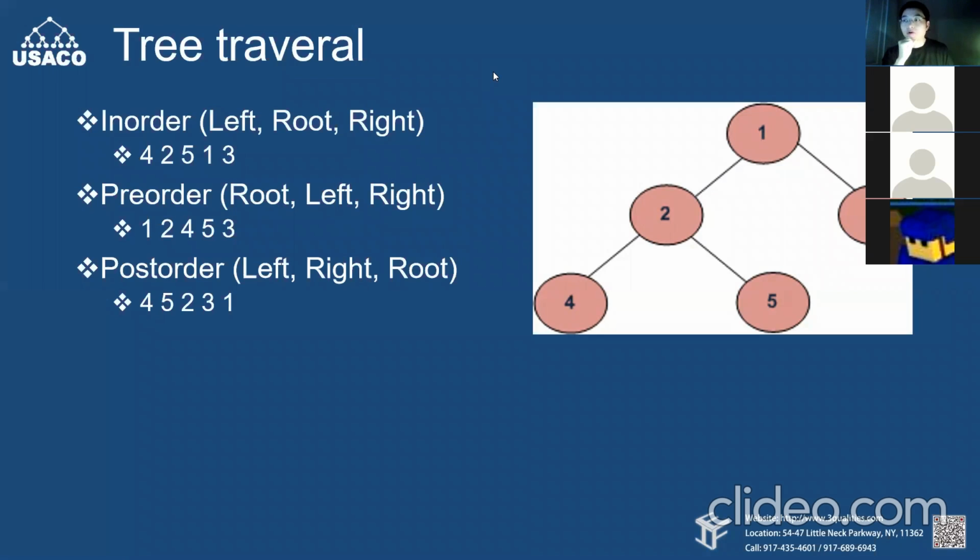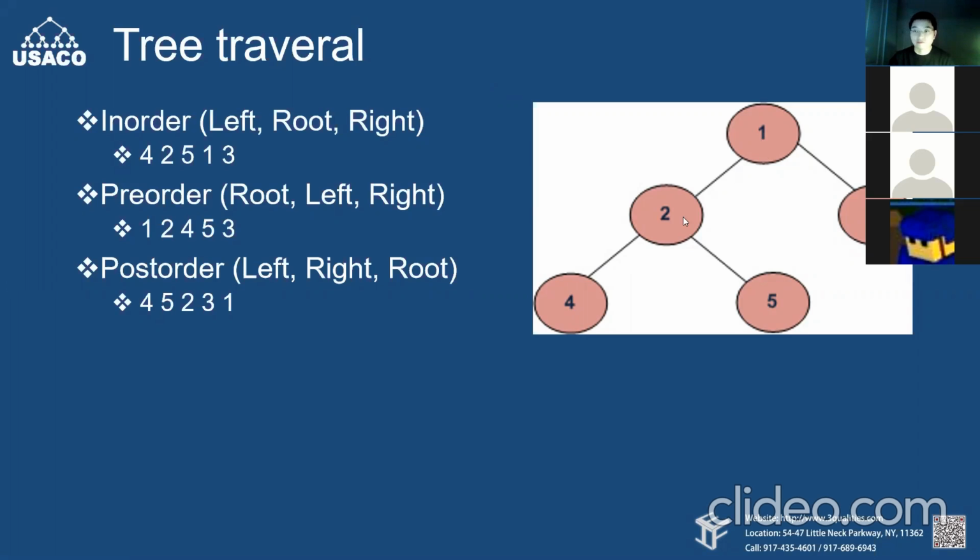Based on the order of traversal, there are 3 different traversal ways. The first way is called in order. You can see the printout or the traversal order is left first, and then root, basically the middle node, and then right. What does it mean? Look at this example. Root node is 1.